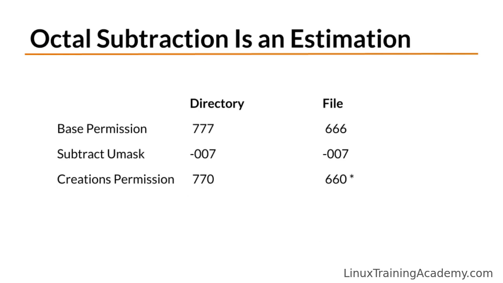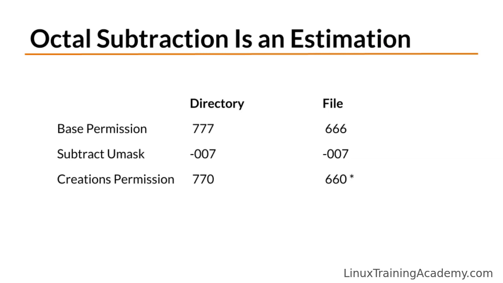So here's an example of using a umask where this breaks down a little bit. Umask 007, if you subtract that from 777, you're left with 770 for directory permissions, which is fine. However, 666 minus 007 would leave you with 66 negative 1. There is no negative 1 permission, there's just no permission.